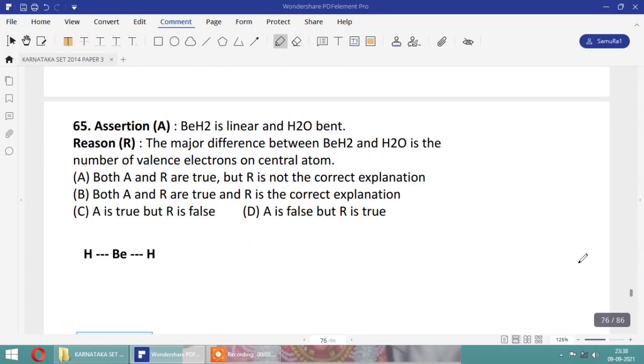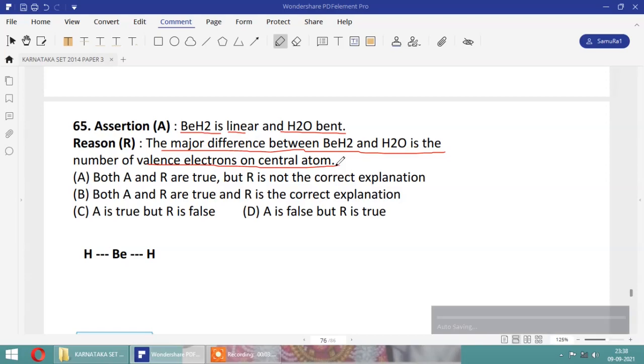Assertion and reason. BeH2 is linear, yes, and water is a bent structure. The major difference between BeH2 and H2O is the number of valence electrons on the central atom. This was the reason. Both A and R are true, but R is not the correct explanation.